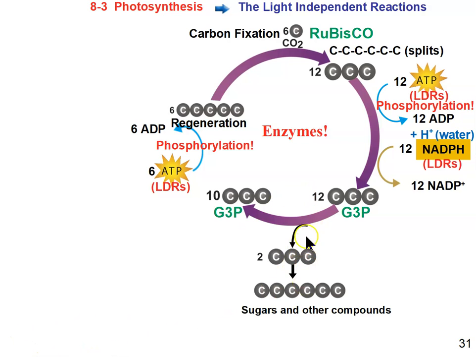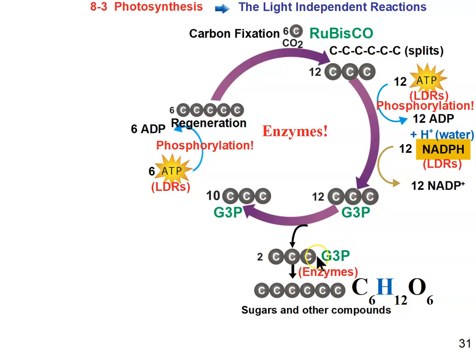Now we can come back to what's going on as far as the product. So again, most of the G3Ps continue on, but some G3Ps exit the cycle. And it takes 2 G3Ps, because G3P, glyceraldehyde 3-phosphate, is a 3-carbon compound. It takes 2 of those to make 1 molecule of glucose. And of course, enzymes are responsible for performing this. And it's not only glucose that can be created here.